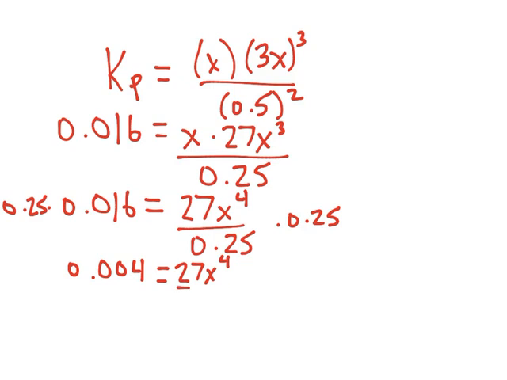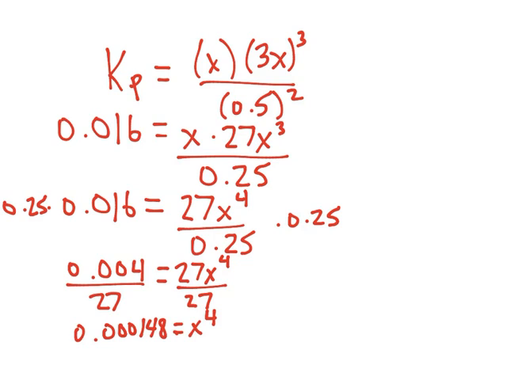Just keep cleaning this problem up. We'll divide both sides by 27. Plugging that into the calculator. Going to start getting into scientific notation here pretty soon. This is 0.000148 equals x to the 4th.